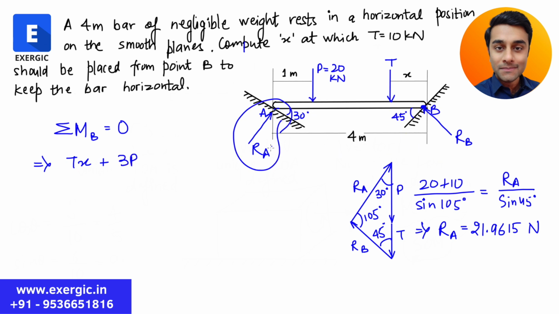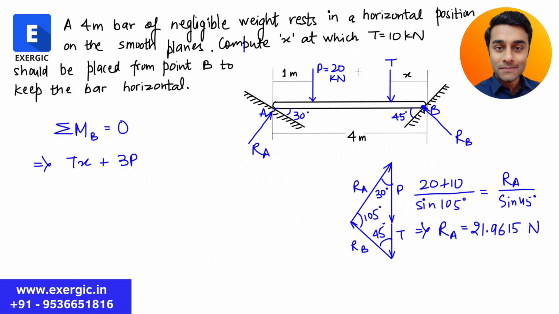Now coming to RA. From the previous many examples, you should not take more than 5 to 10 seconds to find out the moment of RA about B. Recall previous examples. I told you that whenever you have such a force where the perpendicular distance is not known, as in the case of RA, you need to extend it, you need to do some construction in order to find out the perpendicular distance.